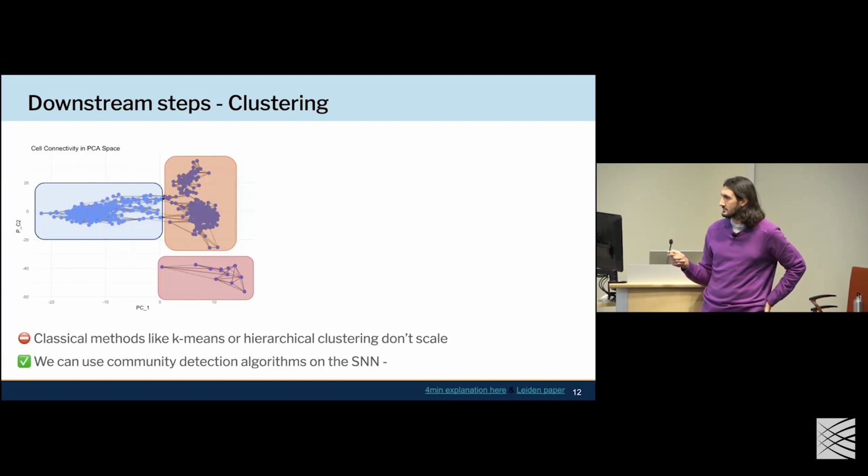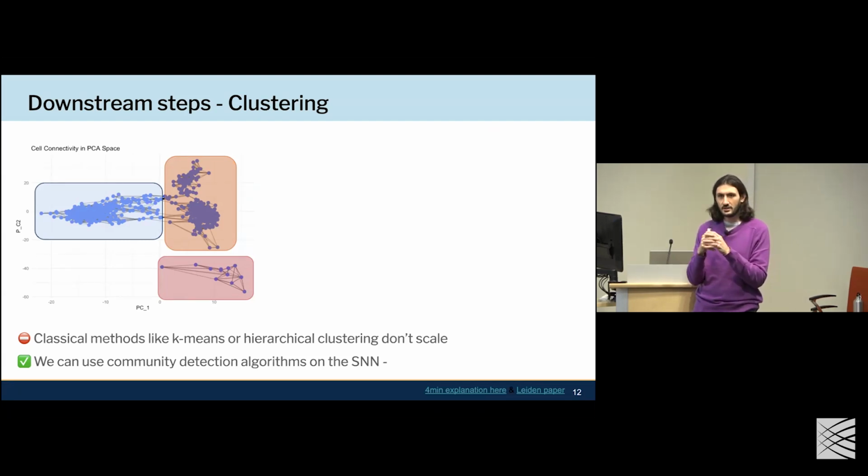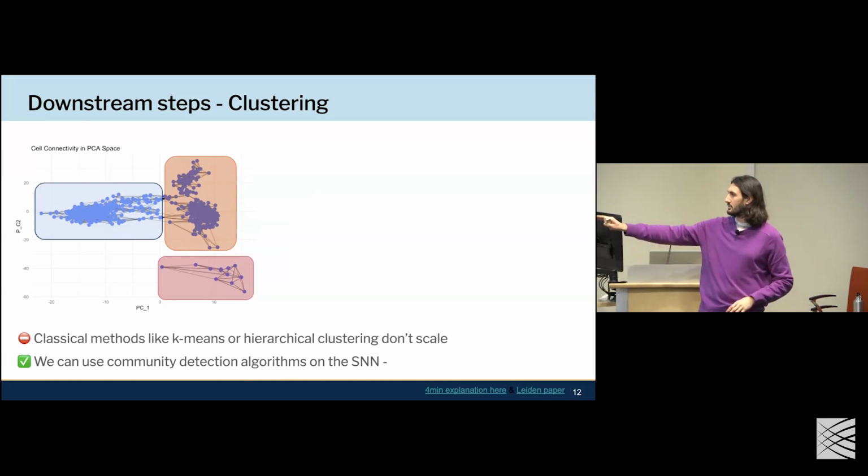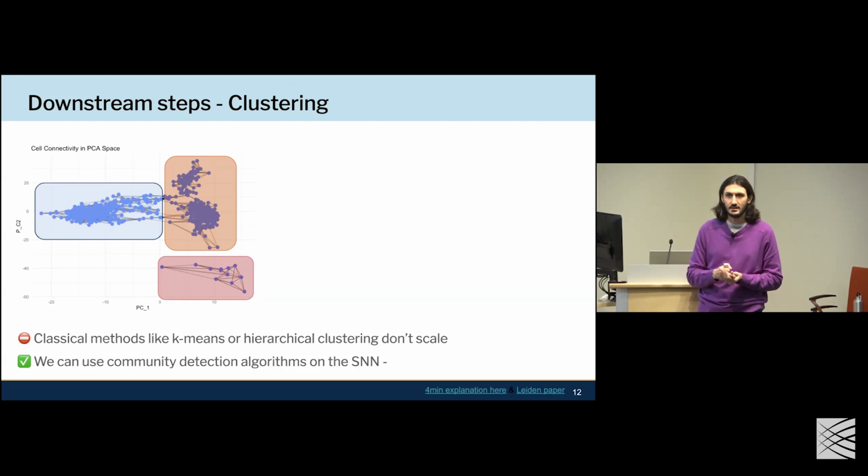And these basically try to identify communities within our graph that are more interconnected within them than outside of them. So it's trying to optimize the modularity of this graph, but basically it's asking, okay, what cells are more interconnected between them than outside of them? Here I put SNN, which means shared nearest neighbors.